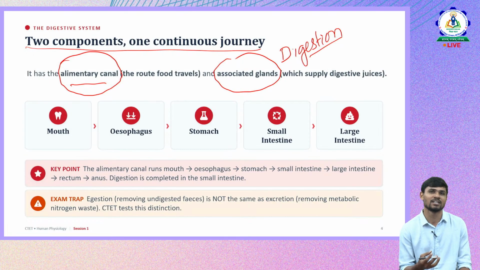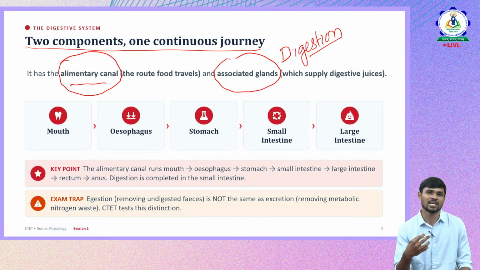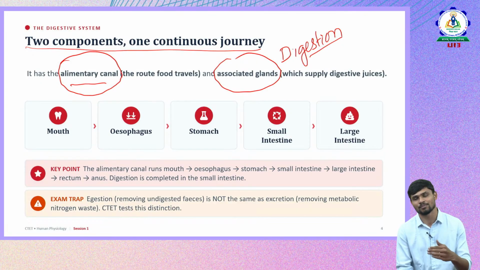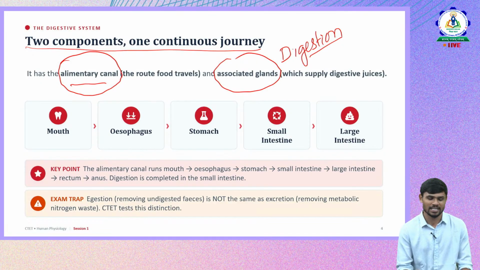In between, at different parts, the alimentary canal possesses glands which digest the food, which are the major reason for digestion of different nutrients, like carbohydrates, proteins and fats. So let us understand these 2 components.